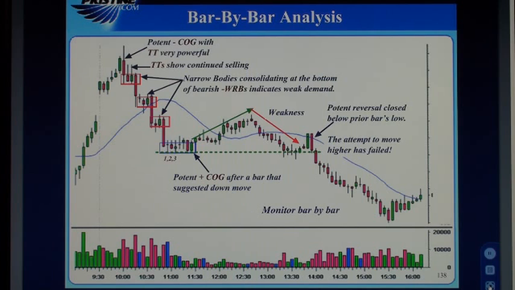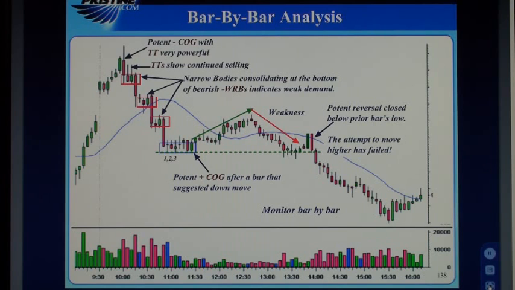The bars after that bar formed topping tails, which showed continued selling, while prices were stabilized near the low of that topping tail bar, the large red one that had made the new high on the day. When it tried to rally from there and recover, topping tails formed showing continued selling.